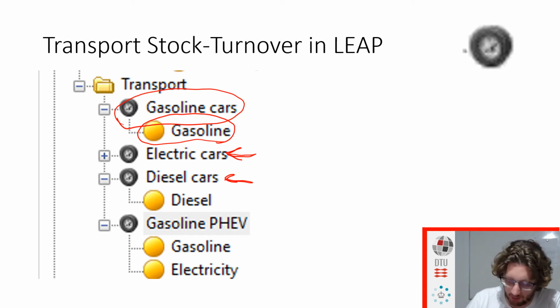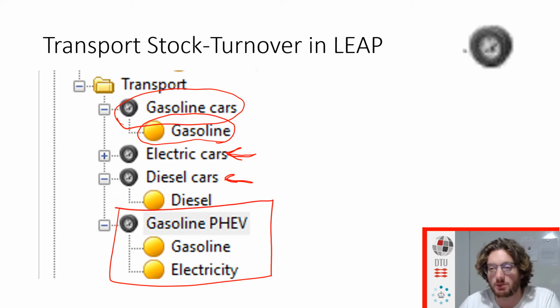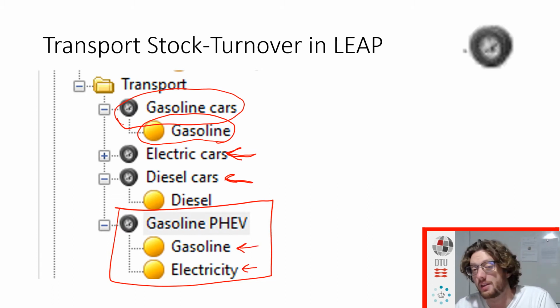And what you might have noticed is that here I have made something we haven't quite seen before. I have actually made a technology that has two different kinds of fuel, with different efficiencies, because in this case, for gasoline PHEV, a plug-in hybrid electric vehicle is actually more or less two vehicles in one.